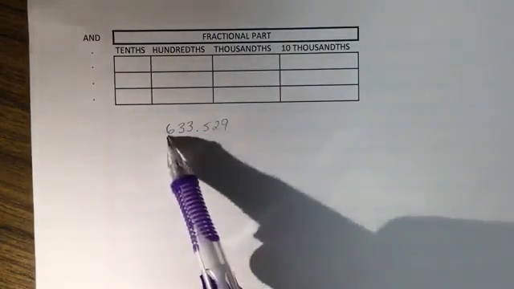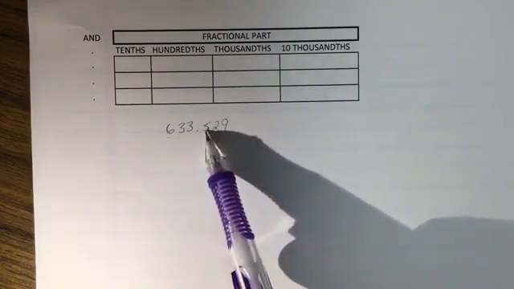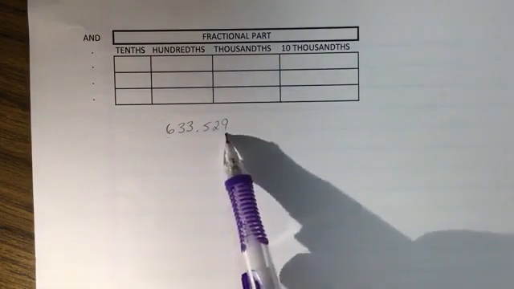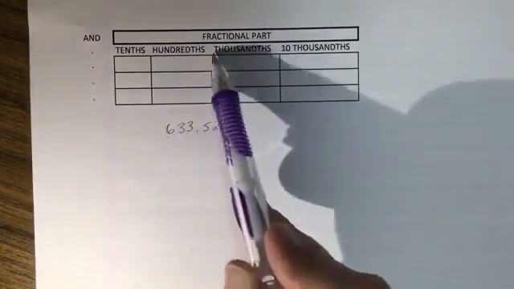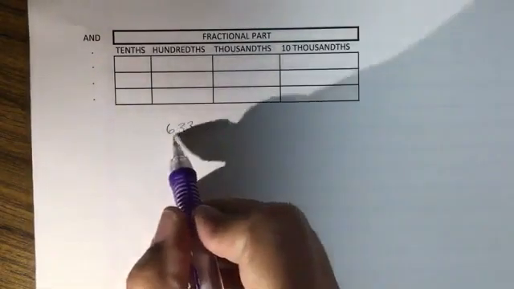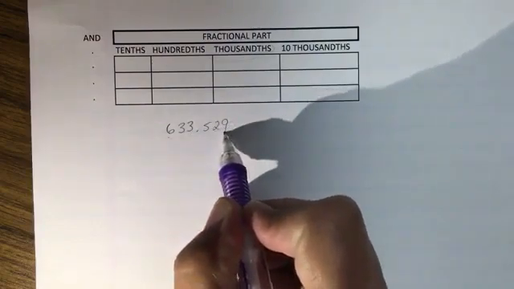Spoken, that is 633 and 529, and you see what goes after it? Third decimal, thousandths. So this is 633 and 529 thousandths. See how that works?